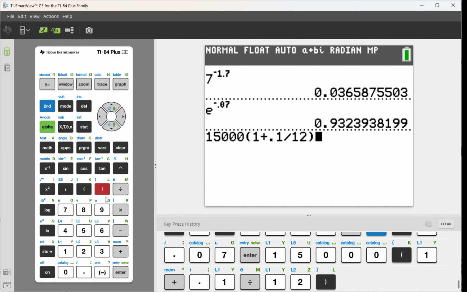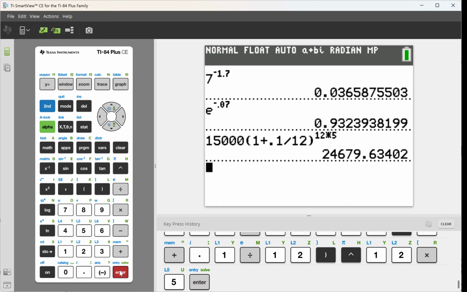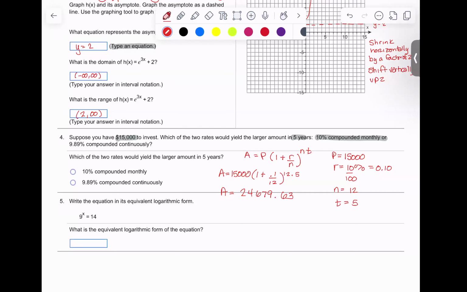And I'm going to raise that to the 12 times 5 power. So I get $24,679.63. All right, so let's go back to my review.